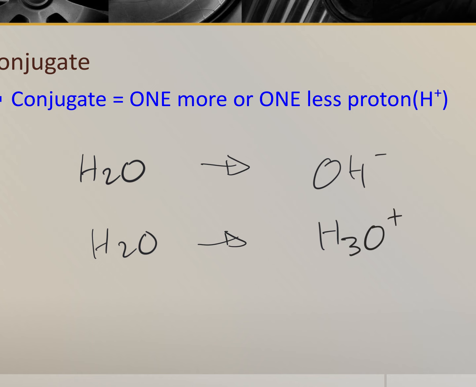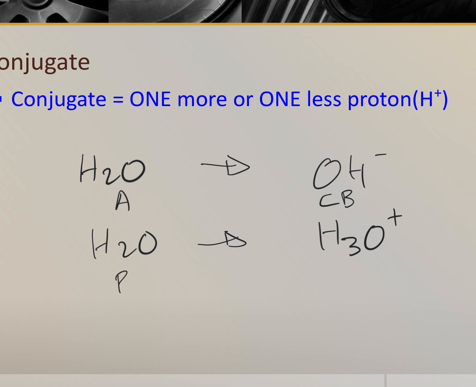So the conjugate to water could be OH or H3O. So if water was, for example, an acid here, it has become a base here. So this is the conjugate base because now it has the ability as OH, which is negative, to accept another hydrogen. So OH is negative. It wants to accept the positive hydrogen. So now it's called a conjugate base.